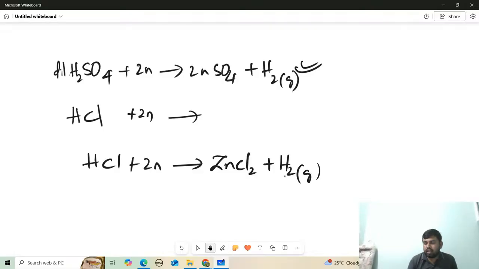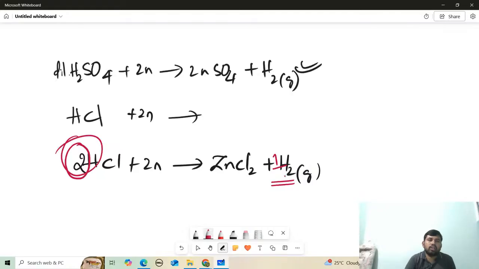Now let's see, to balance here, 2 chlorines are there. How many moles of HCl are required to produce 1 mole of hydrogen here? 2 moles are required. Now in the other case, how many moles? 1 mole is sufficient to produce 1 hydrogen gas.